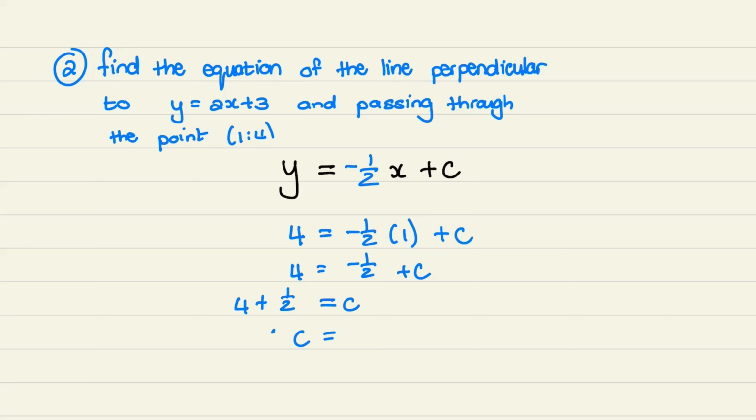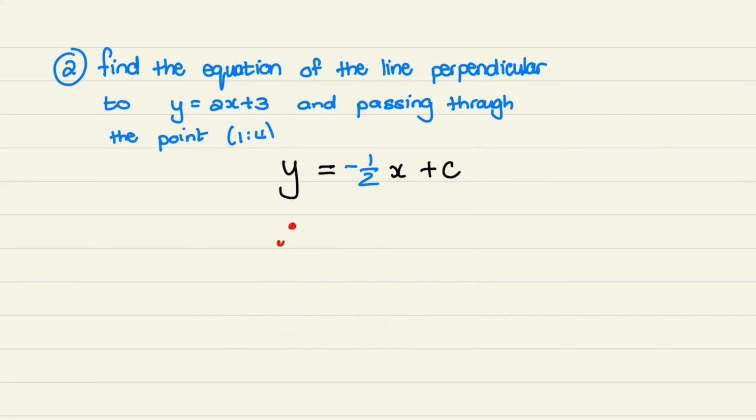Therefore, the y-intercept value is 4.5. Remember that when we transpose, the sign changes. So -1/2 will become +1/2 on the left hand side. So therefore the equation of the line we want is y = -1/2 x + 4.5.